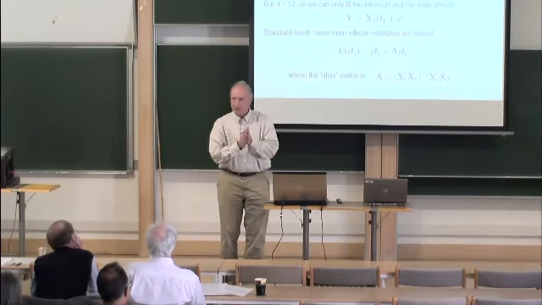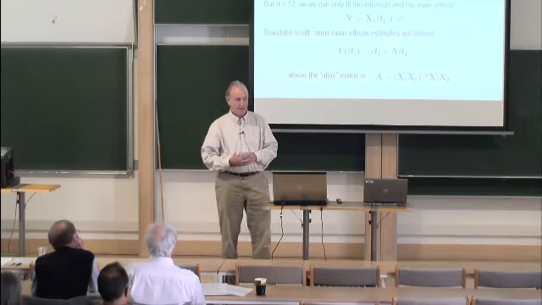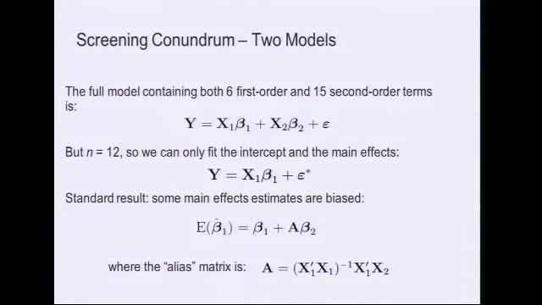However, we're going to choose an n, and we're going to hope that a main effects model is adequate, and so we're going to fit the model with X1 here, and the result then is that in many cases if there are some X2 terms that are active, then the estimates of the beta 1 vector will be aliased by this alias matrix that's shown.